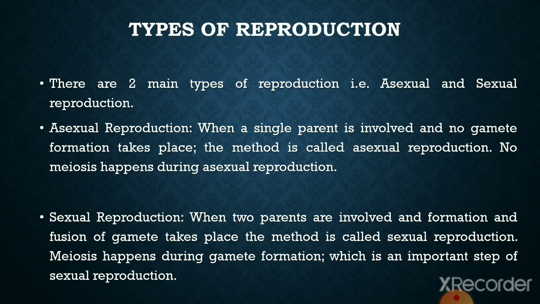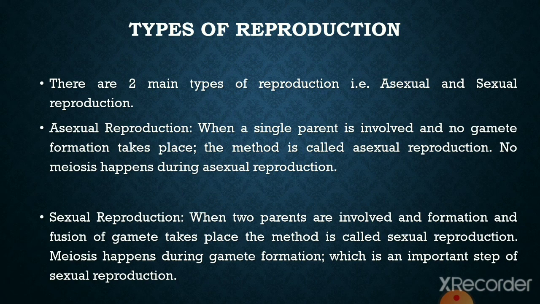The second one is sexual reproduction, the process which involves the formation and fusion of gametes. The formation of gametes involves meiosis, or meiotic cell division. It is an important step in sexual reproduction because with the help of meiosis, the number of chromosomes remains constant throughout the generations.